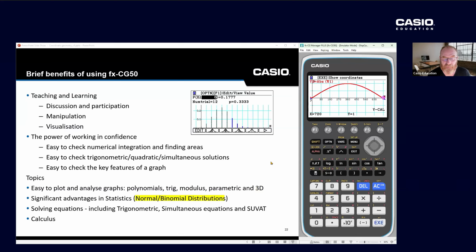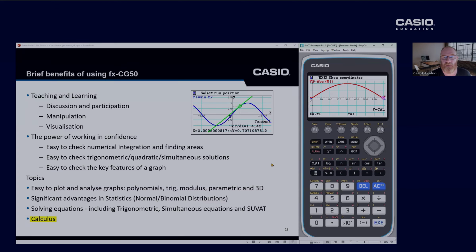Probability distributions, this is excellent for discrete distributions, especially right-hand binomial probabilities. It finds them really easily. Excellent for finding critical values, critical regions. SUVATs can be approached quite nicely using Solver, and you can also do numerical calculus using graph notation or even just graph it.